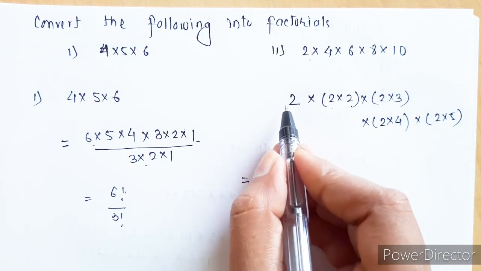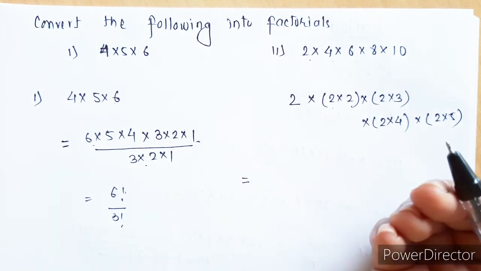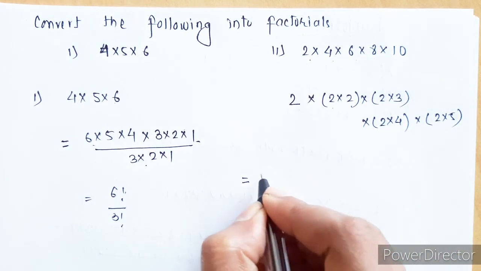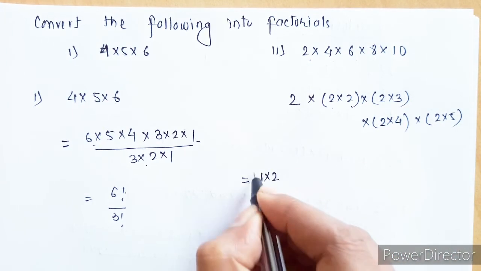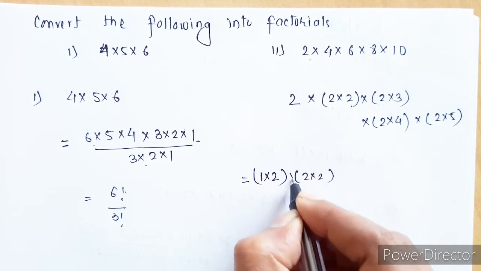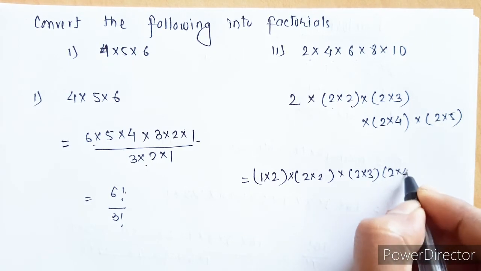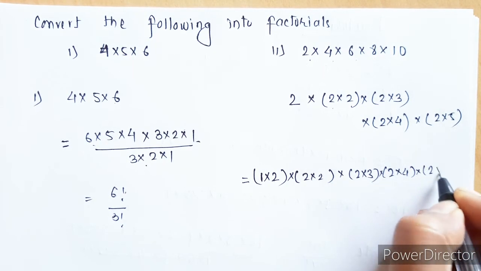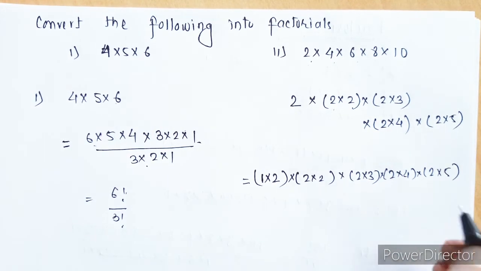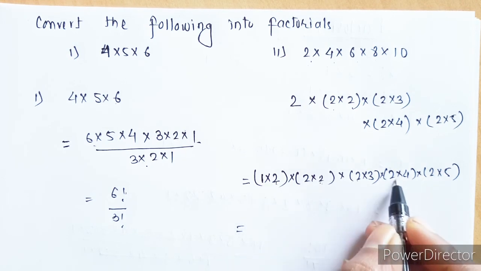Now if I am multiplying here by 1, it is not going to make any difference because 1 into 2 is going to be 2 itself. So I am multiplying here 1, then we have 2 into 2, then 2 into 3, 2 into 4 and 2 into 5. This is what we have. Now 2 is common here. How many times do we have 2 here? 1, 2, 3, 4, 5.